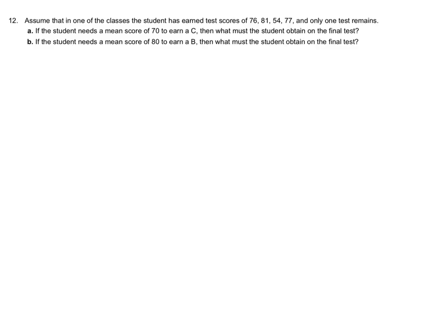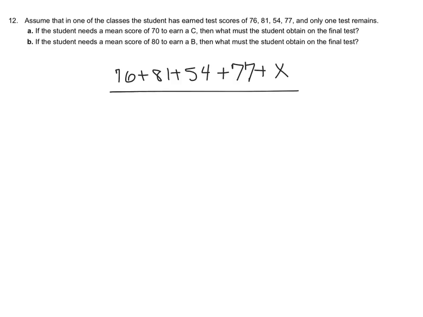So the mean is just the sum of all the values divided by the number of values. We'll take each of the test scores, 76 plus 81 plus 54 plus 77, and the missing test score, we'll call that X, and we'll divide by the number of tests. So we have 1, 2, 3, 4, 5 tests. And this will give us the average.